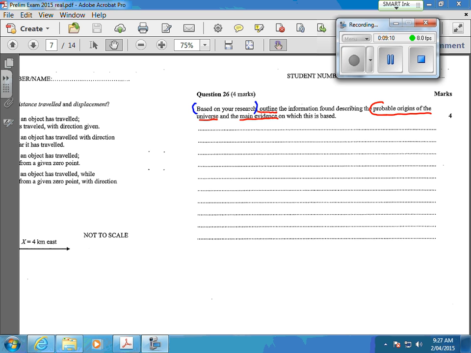Okay, so you've got 2 jobs here. And you've also got a problem with this question, because I've actually got a second verb in there. So you're outlining a description according to the question, and that's fine. So we're just going for the lower level there.